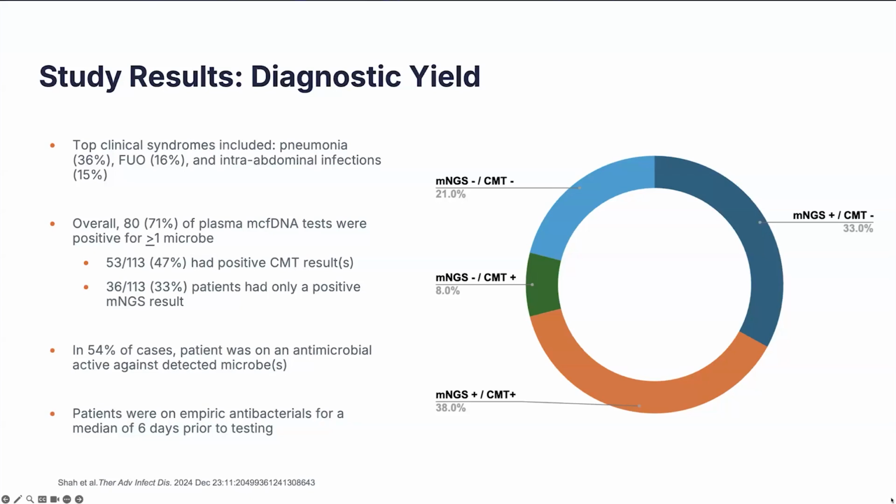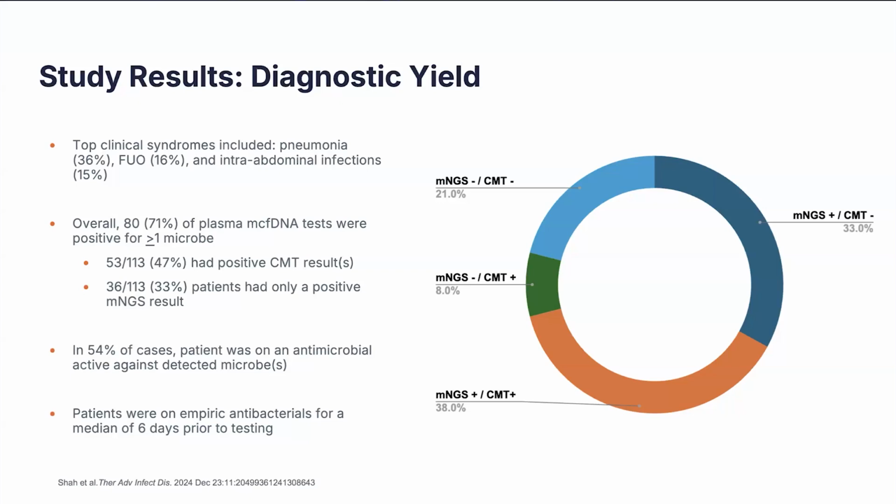Then if we focus on the light blue section, where both Karius and your conventional testing are negative, this possibly suggests that the patient likely has a non-infectious cause of their current presentation. And again, this is very important in your transplant patients, because early distinction of infection versus non-infectious causes, such as rejection, is critical, because both require timely management decisions.